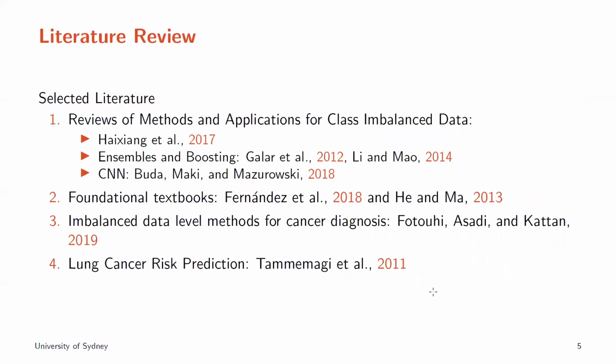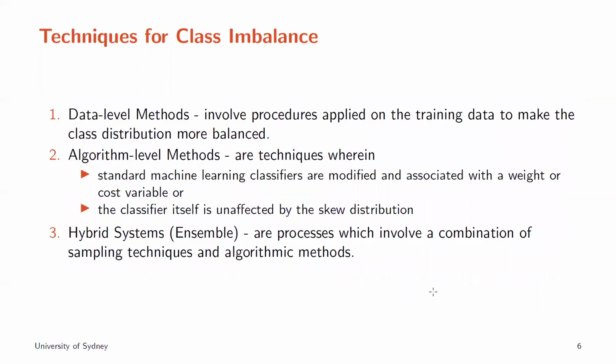These readings have described the ways to address the class imbalance problems that we mentioned earlier. These techniques fall under 3 categories, namely data level methods, algorithm level methods, and hybrid systems. Data level methods involve procedures applied on the training data to make the class distribution more balanced.